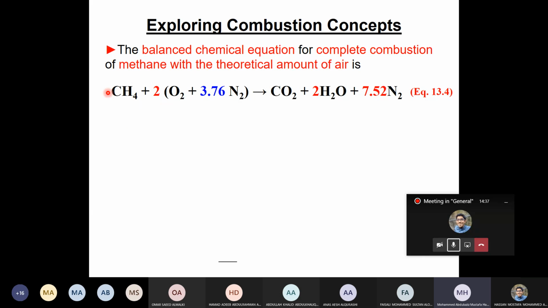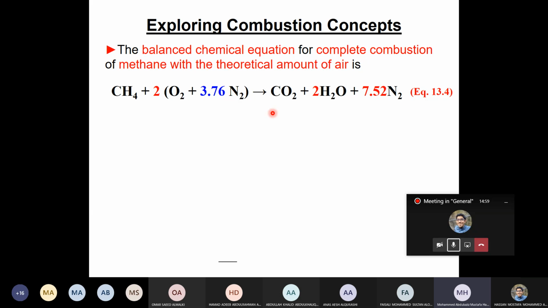So step 1, you write the fuel. Step 2, you add this bracket, it's always added like that. Step 3, you add CO2. Step 4, you write H2O. Step 5, you write N2. Then balancing carbon, you see what you write here. This is 1. Balancing the hydrogen, you get this value.